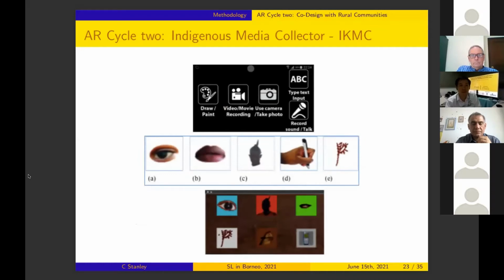And then also, initially I said we thought we have a website, but then we took the mainstream multimedia collection and said to the communities, okay, now you take multimedia, take images, record video, and then just giving them this user interface. They said, oh, Colin, what is this thing for?